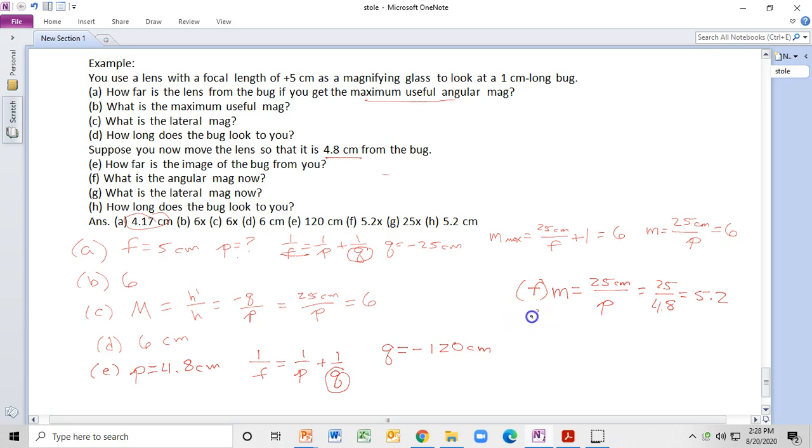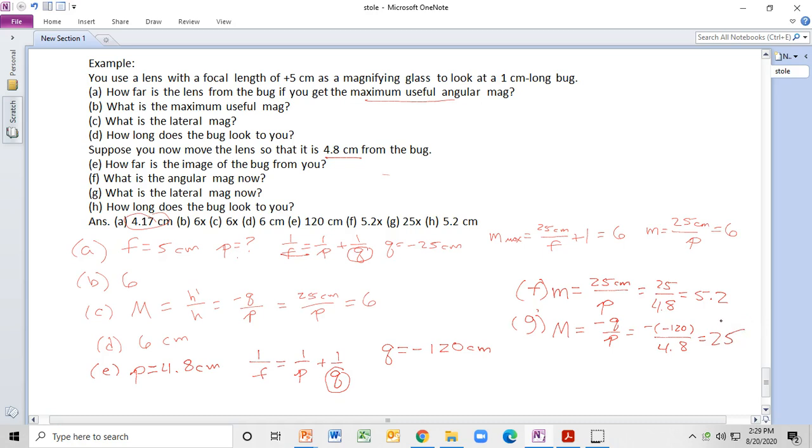G, what is the lateral magnification now? Well, if I calculate the lateral magnification, minus Q over P, I have negative negative 120 centimeters over 4.8 centimeters. That's going to give me a whopping plus 25x.